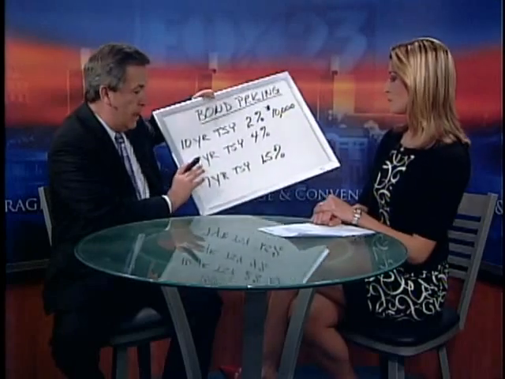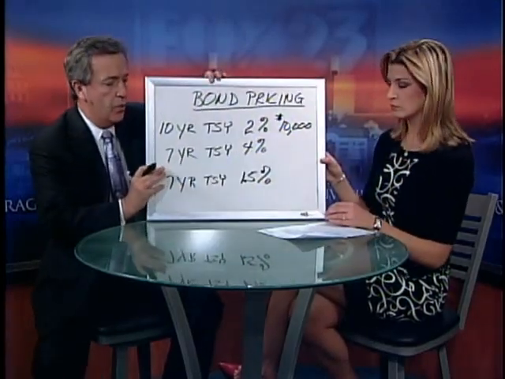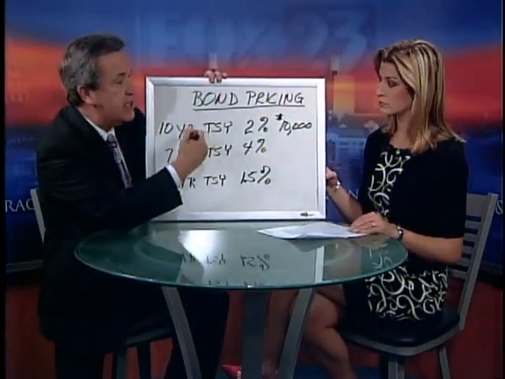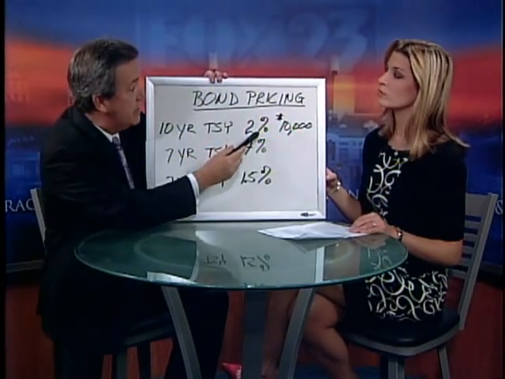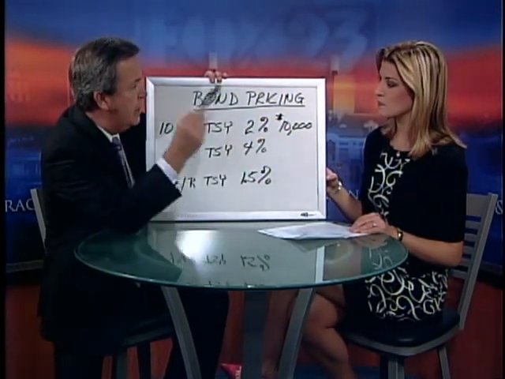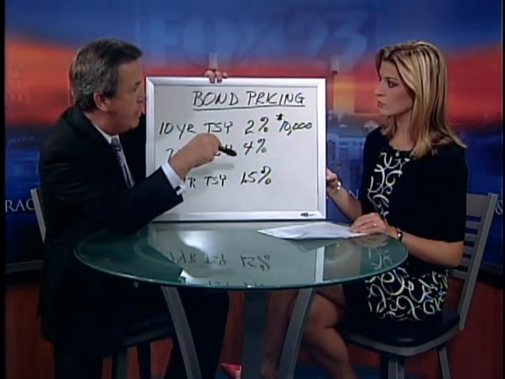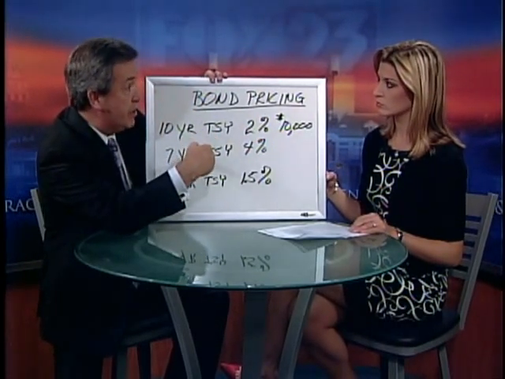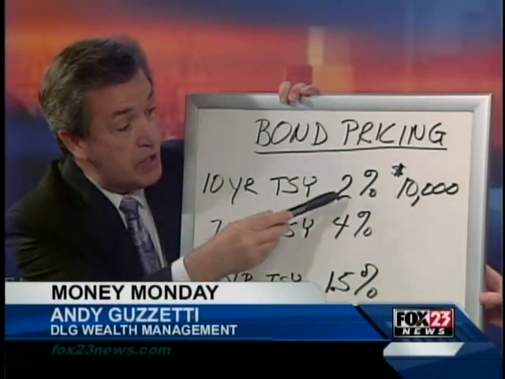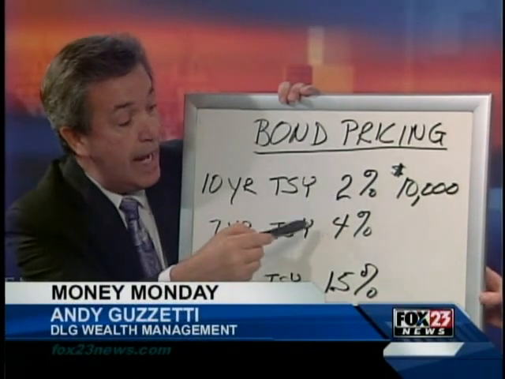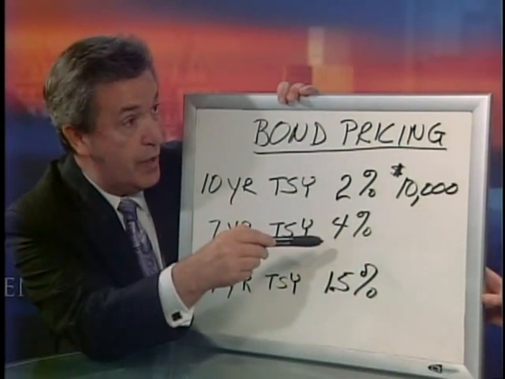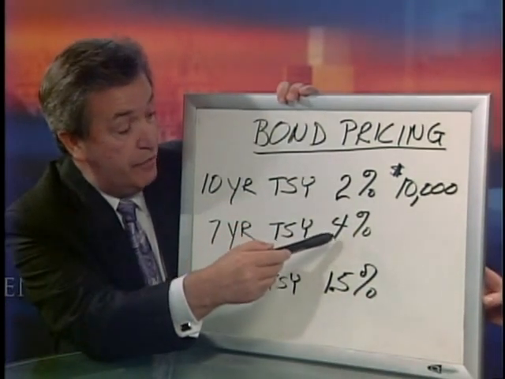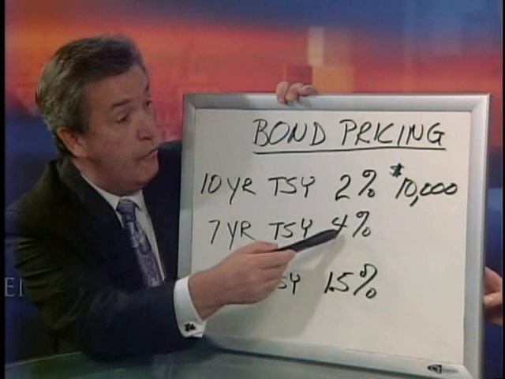Let me show you why when it comes to fixed income. Okay. This is how bonds are priced if you own a bond. Let's say today I invested in a 10-year Treasury bond that's paying 2%, and I invest $10,000. Okay. 3 years from now, I want to sell that bond. Now, the bond is now a 7-year bond because I've used up 3 years, but still paying 2%. At the time I want to sell that, people will look at the current interest rate environment, and let's say that interest rate environment, a 7-year bond, is paying 4%.